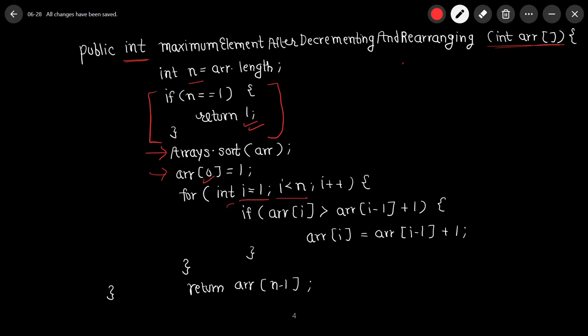We check if the difference is exceeding 1. If so, we need to fix our current element. So we fix it by assigning a value which is equal to the previous element's value plus 1. And we could have also done just the previous element, but as discussed earlier, we want to maximize our maximum element.